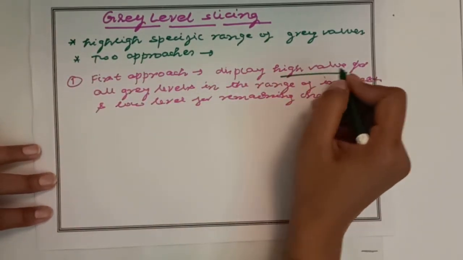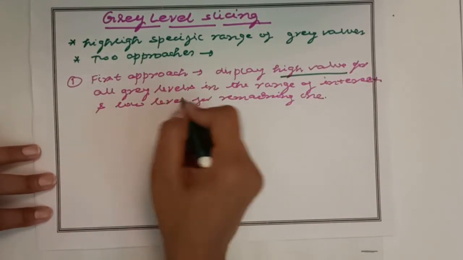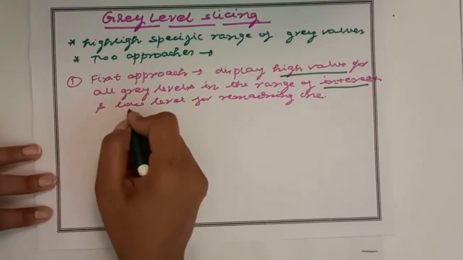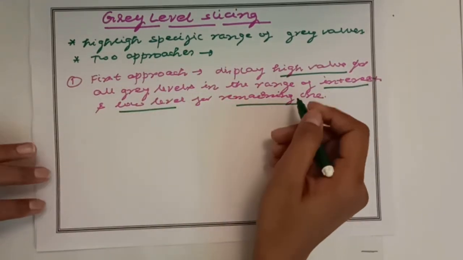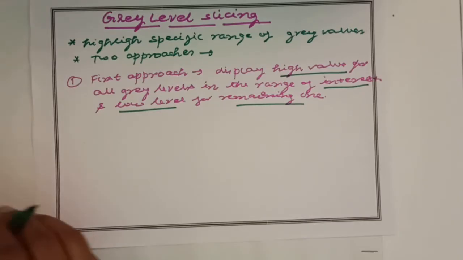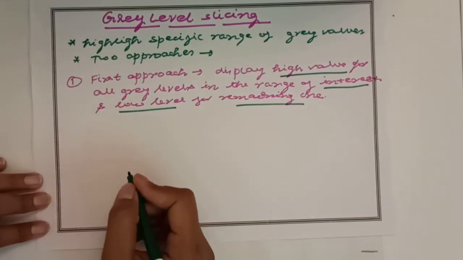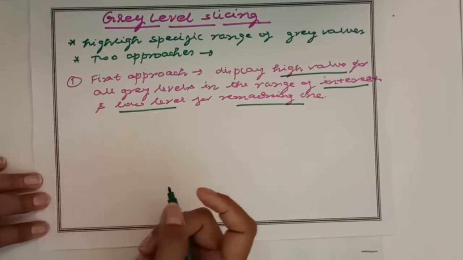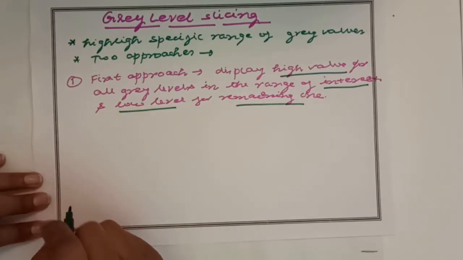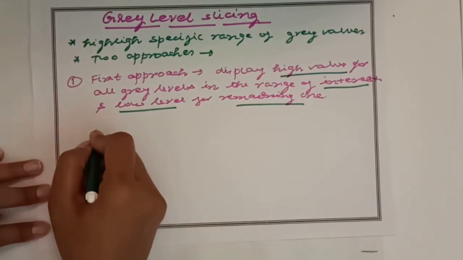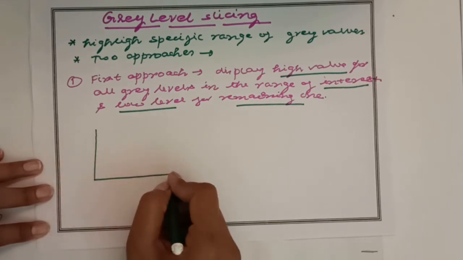Means high value for interested regions and low level in the remaining areas. So there are two possibilities, means slicing without background and slicing with the background. Let us draw.